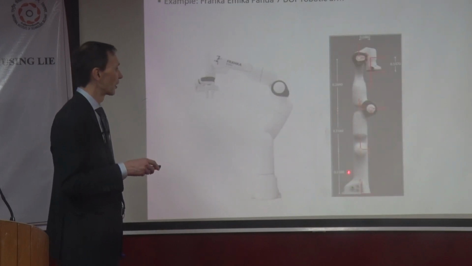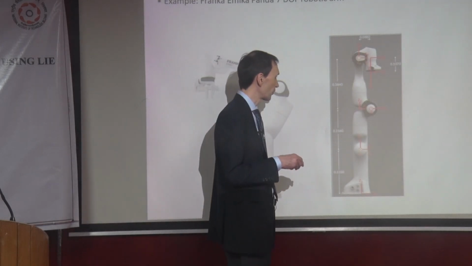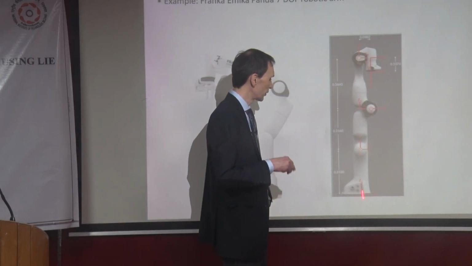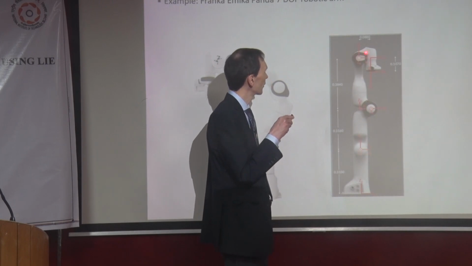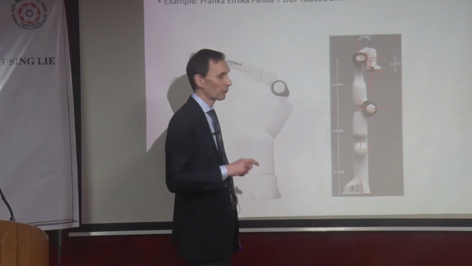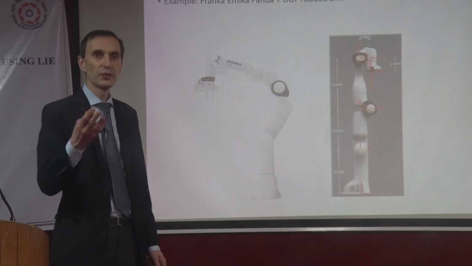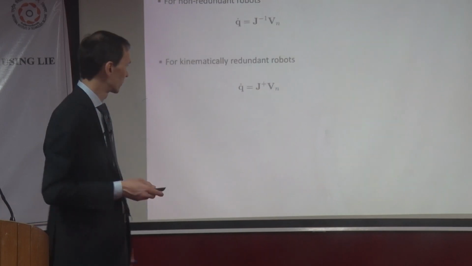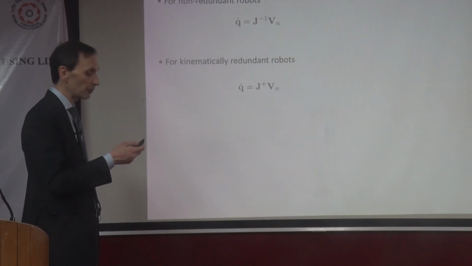For example, this Franka Panda robot is a 7-degree of freedom robot. We have one revolute joint, then the second, the third, the fourth, fifth, sixth, and there's one more, 7. So you have a 7-degree of freedom system. And then you take the pseudo-inverse, all right? And we call them kinematically redundant.